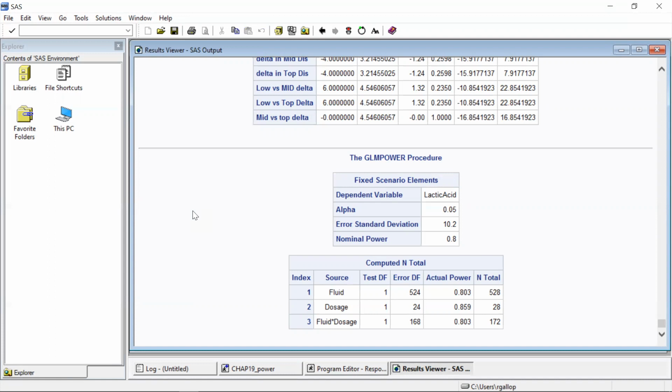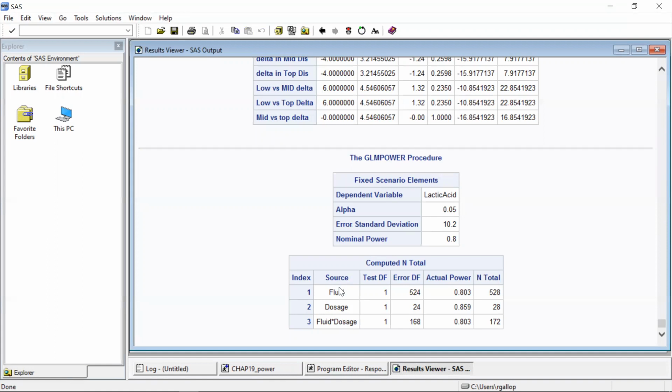So in the example we saw, it was 4 cells. We had 2 levels of dosage, 2 levels of height. So with the 172, that would correspond to having 43 observations per cell.